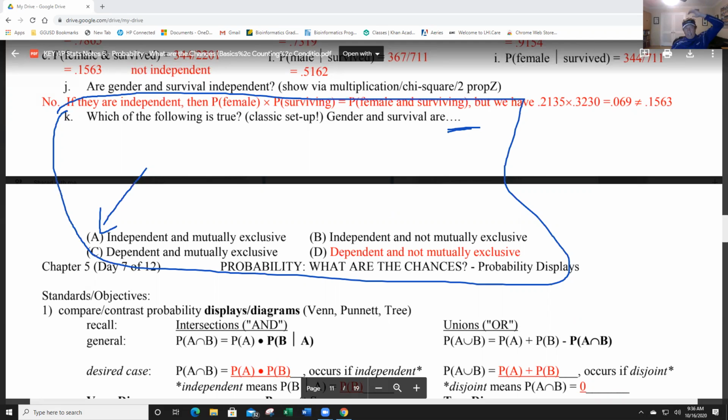I'm going to use logic here. Remember, independent means no influence. Mutually exclusive means can't happen at the same time. Mutually exclusive is a double negative: can't happen at the same time. So if two events are mutually exclusive, they become dependent.